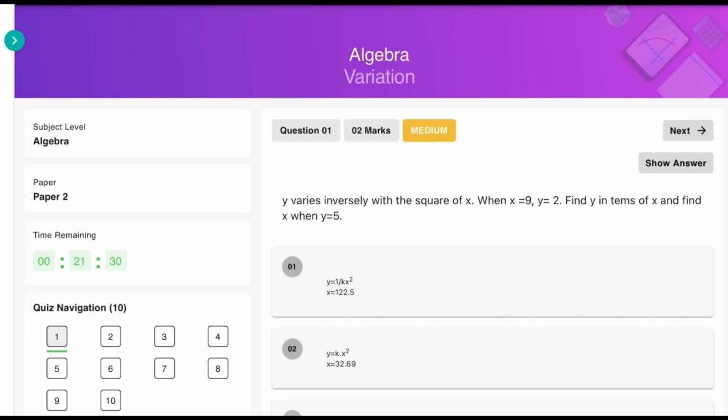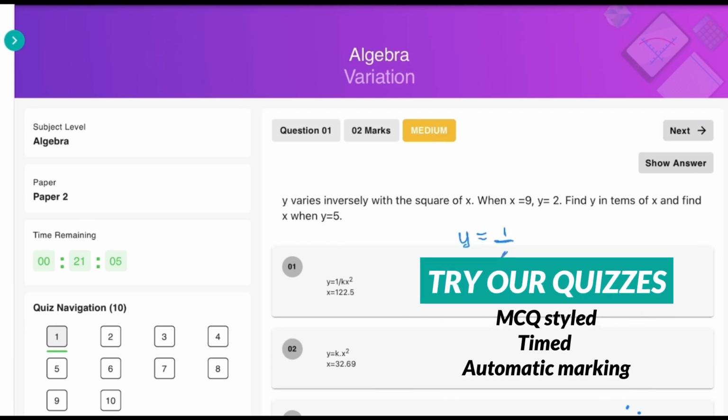Alright, so let's focus on answering some questions. So y varies inversely with the square of x. So we know that when it was varying directly, it was simply written as y varying with x. But now it's not just x, it is the square of x that we're talking about here.